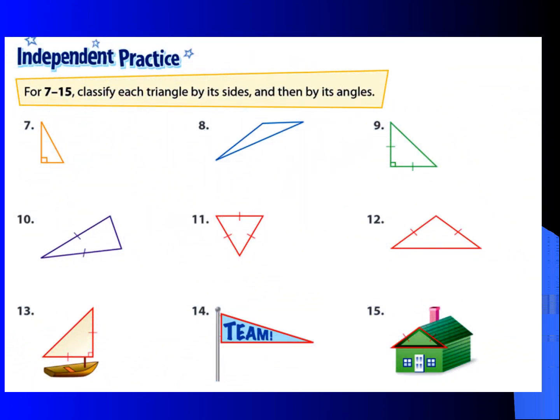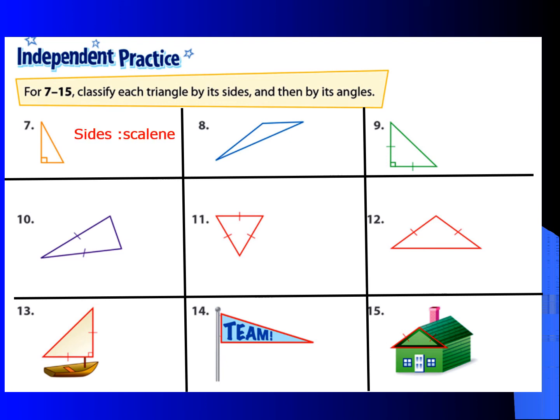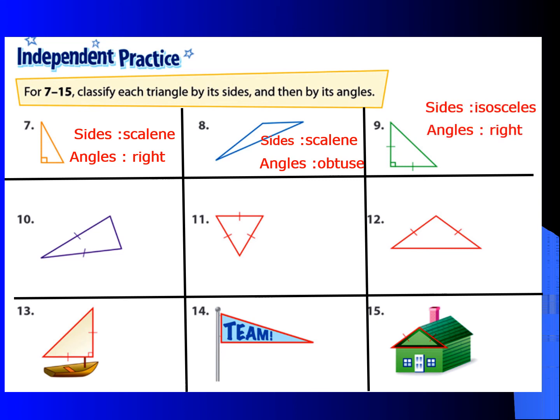Classify each triangle by its sides and angles. The first one is going to be, of course, right and scalene. Scalene and right. Question 8 will be scalene and obtuse. This will be isosceles and right. Question 10 will be isosceles and acute. Question 11 will be equilateral and acute.